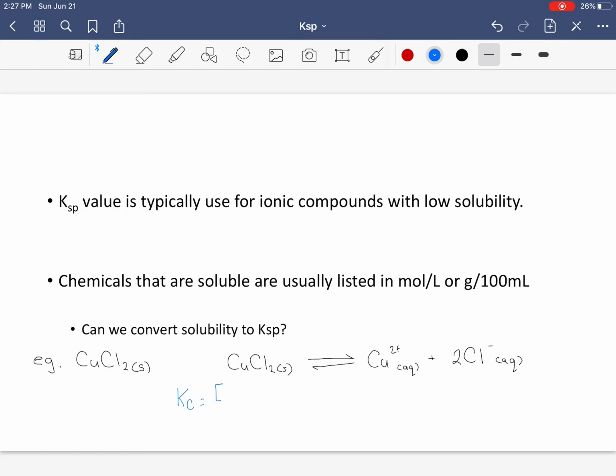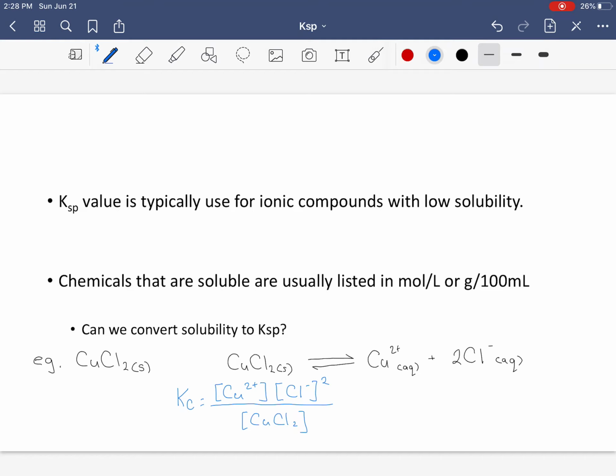So it would be the concentration of Cu2+ times the concentration of Cl- to the power of 2 over the concentration of CuCl2. Okay, and you would have been congratulated, and everything will be fine. Now, we're not looking for Kc here. What we're looking for is how to write a Ksp expression, which is a little different.